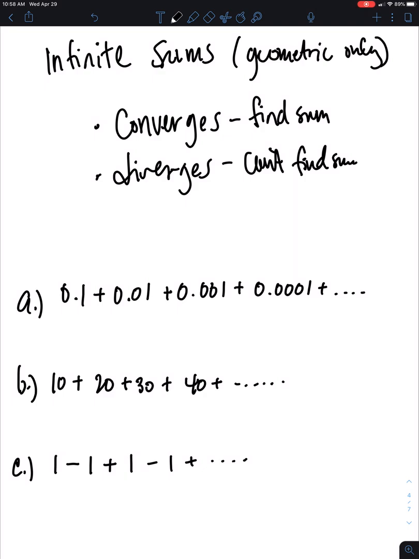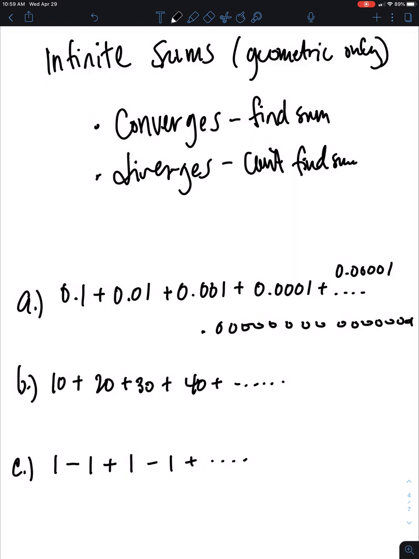All right, so I've got some examples here just to see what it looks like. So here's an example A. Basically, as this keeps going out to infinity, you're going to get to the point where it's so many zeros and then a 1, and you're just adding the most minute number.